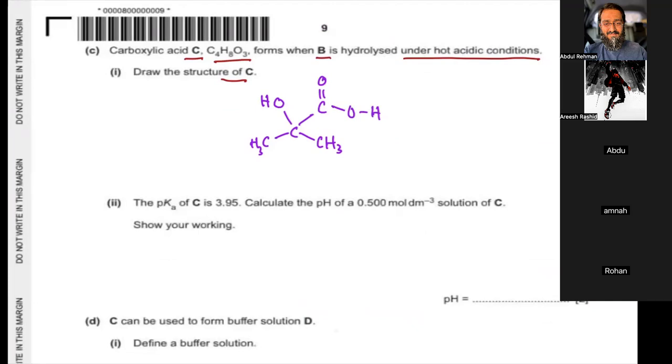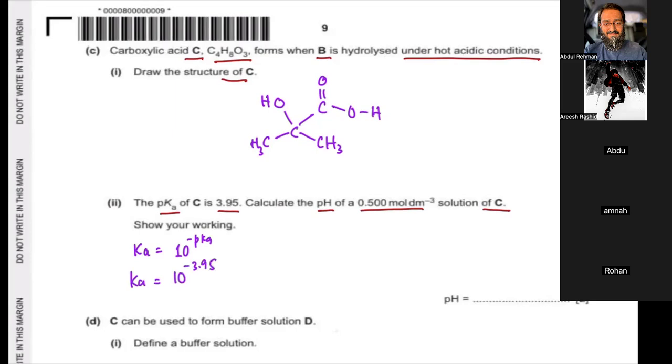Now, the pKa of C is 3.95. Calculate the pH of 0.5 mole per dm cube solution of C. Show your working. Okay, so from pKa, we can calculate the Ka. Ka is equal to 10 raised to the power minus pKa. That is the expression. So Ka is going to equal 10 to the minus 3.95. Can anyone tell me the answer?